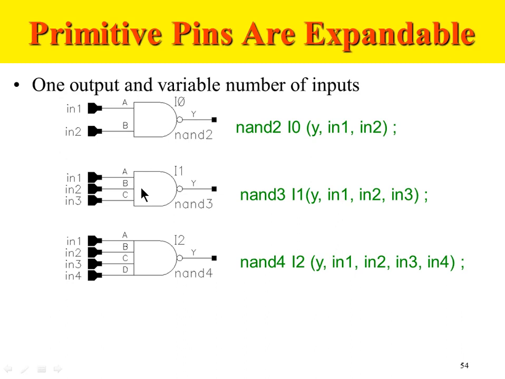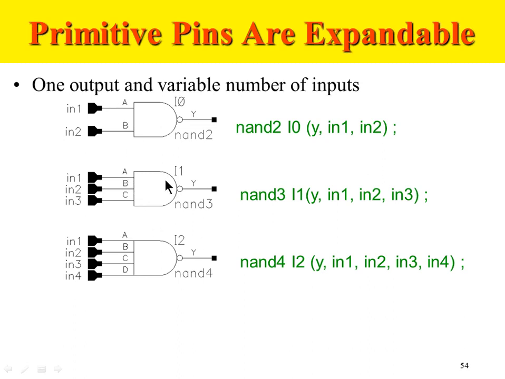Now, for example, Y is the output and A, B, C are inputs. If I write my Verilog code as assign Y equal to tilde, open bracket, A and B and C, close bracket, and feed this to a synthesis tool, it will see it needs a three input NAND gate.